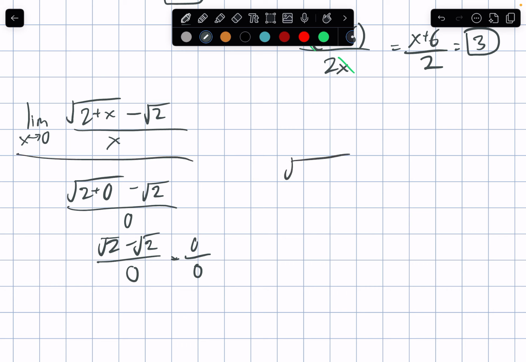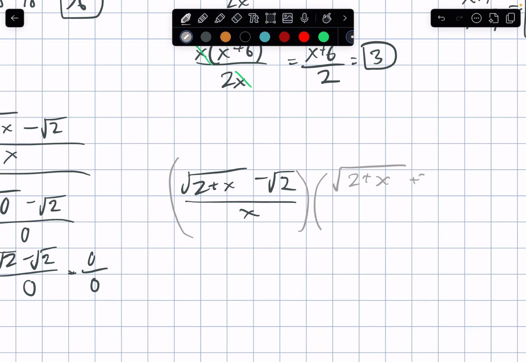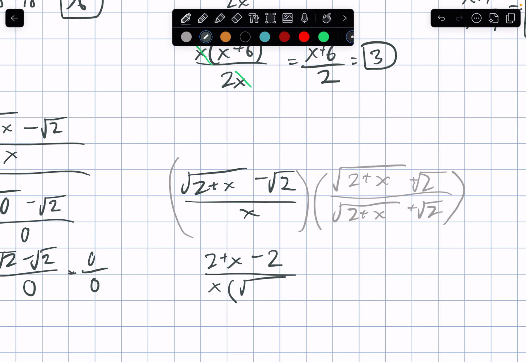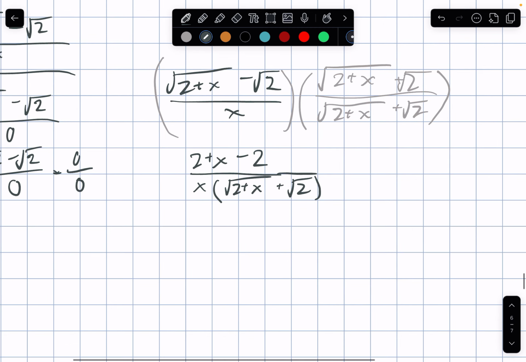So basically, like that, and then cancel the x.